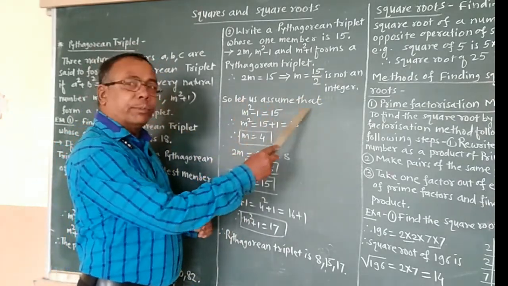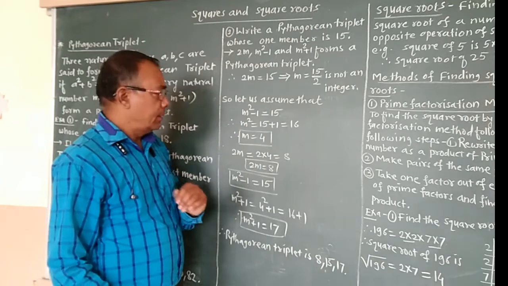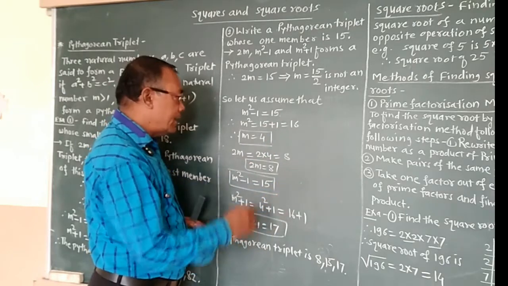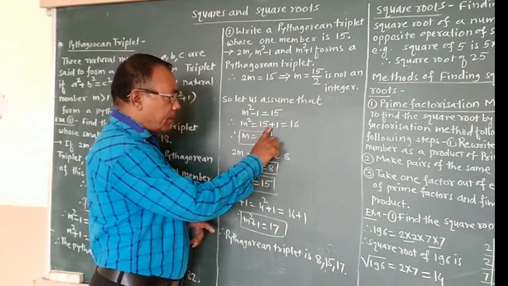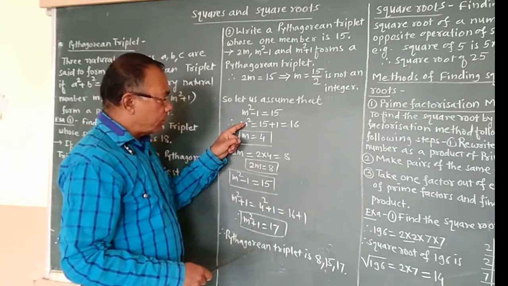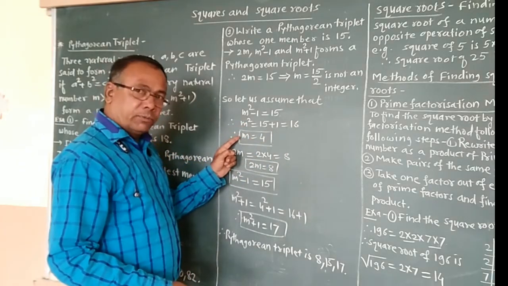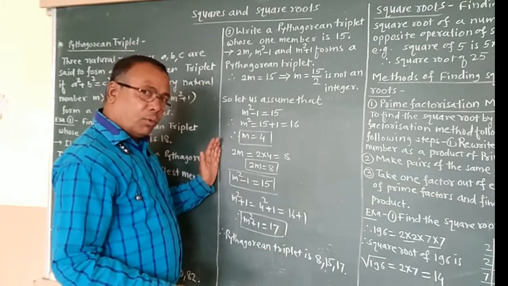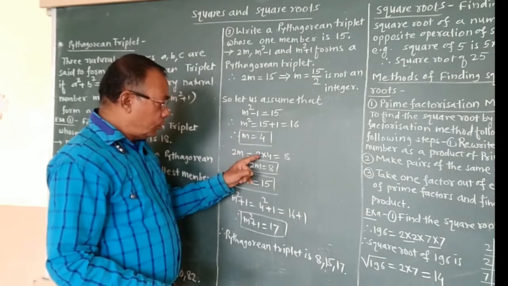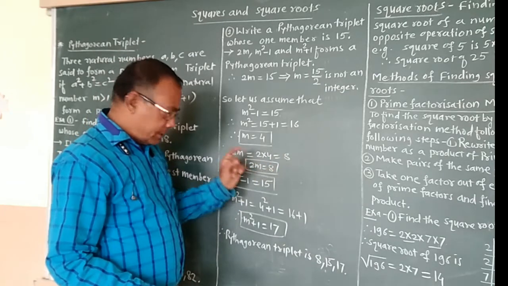So let us assume that m square minus 1 is equal to 15. Minus 1 will become plus 1 on the other side, and therefore m square is equal to 15 plus 1, that is equal to 16. Now taking square root on both sides, the square root of m square is m and the square root of 16 is 4. In this way m is equal to 4, and now 2m is equal to 2 into 4, so 2m is equal to 8.